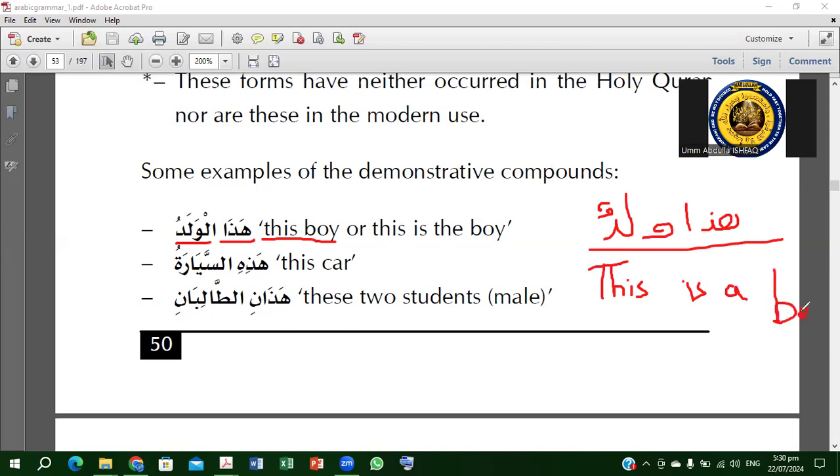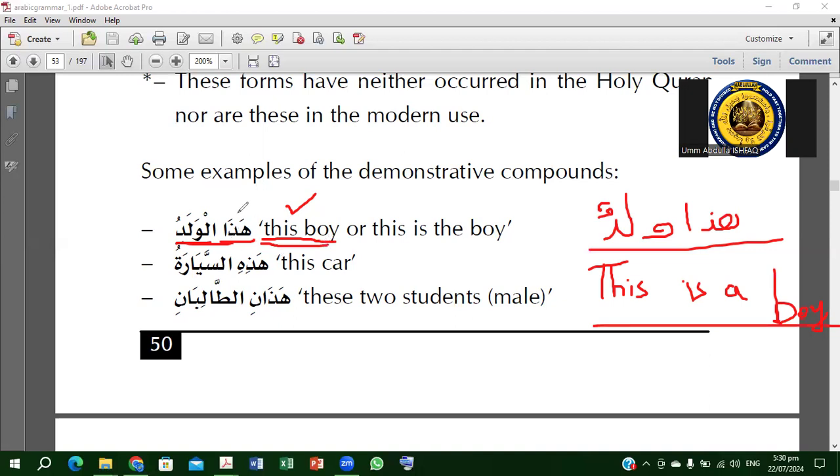Okay, look at the change in the meanings. Hazal waladu means this boy. But haza waladun means this is a boy. It's a full sentence, but the other is a phrase only. It is a fragment only.